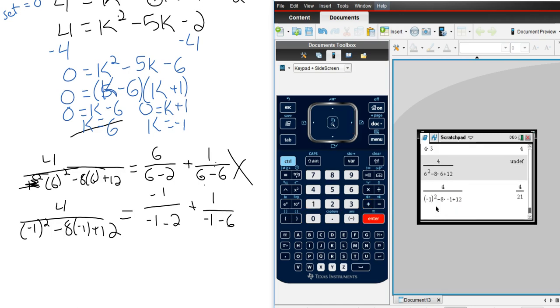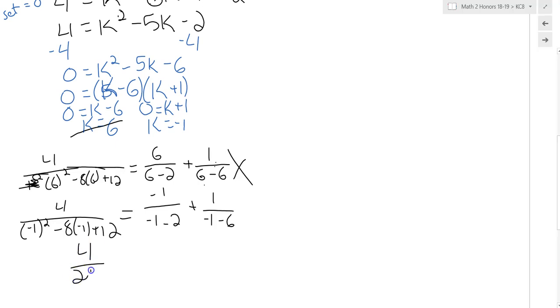We get 4 over 21. Same thing here. We have -1 divided by -1 minus 2 plus 1 divided by -1 minus 6. And I get 4 over 21. Those are equal. This is our answer.